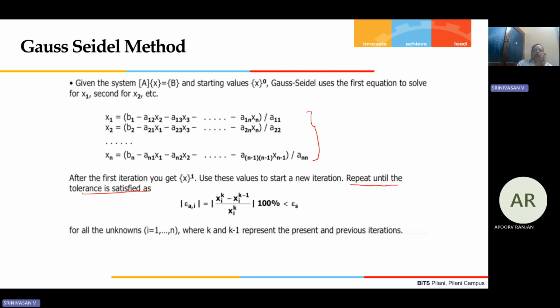We know very well x1 equal to B1 minus A1 2 x2 minus etc. All those things we know very well. Now, what is written here? How long do we go on with the approximation? Practically, we stop iterating the moment we see that two such iterations' values are so close to each other that we can stop.